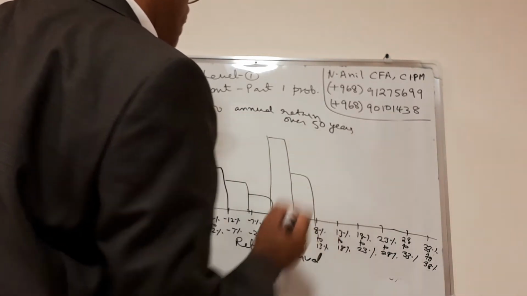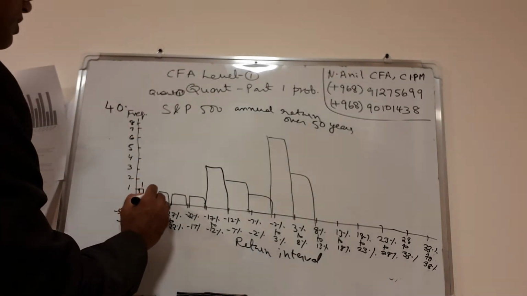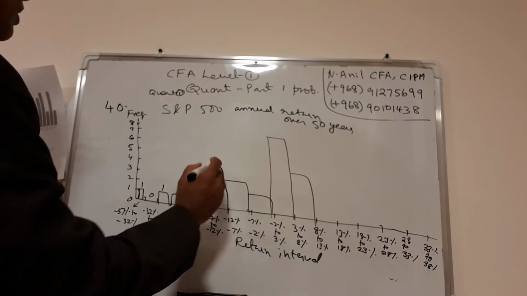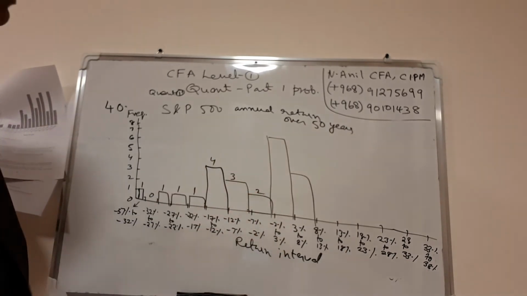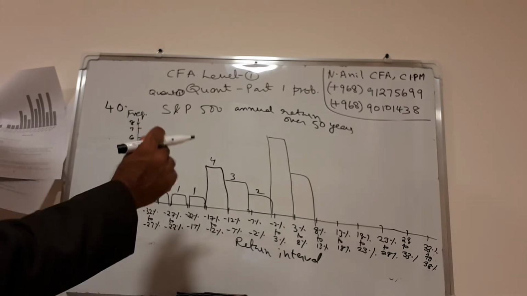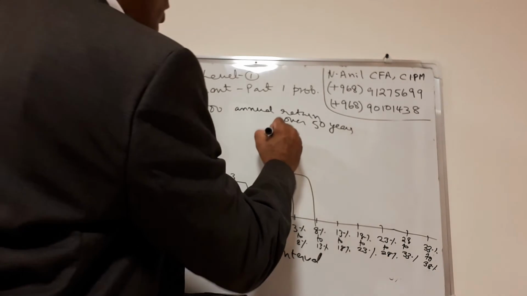So you need to write the values down to make it easy. So this is 1, this is 0, 1, 1, 1, this is 4, this is 3, this is 2. You have to write down on the bars so that you don't make any mistake and you can do it faster.